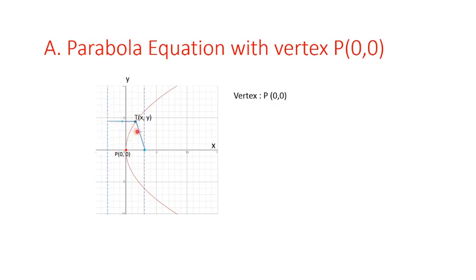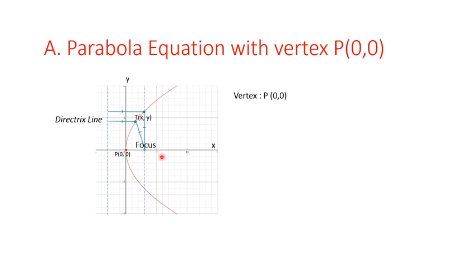And also we can try if the point is here. So x, y here is also equidistant to the point and to the line perpendicularly. Later, this line will be called the directrix line, while the point here will be called the focus.